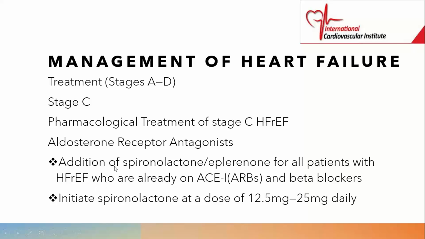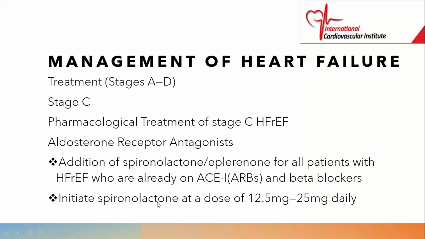So if the patient has stage C heart failure and ejection fraction 35% or less, you have to add spironolactone or eplerenone. Those patients should already be on an ARB or ARNI and a beta blocker. You're going to initiate at a low dose.